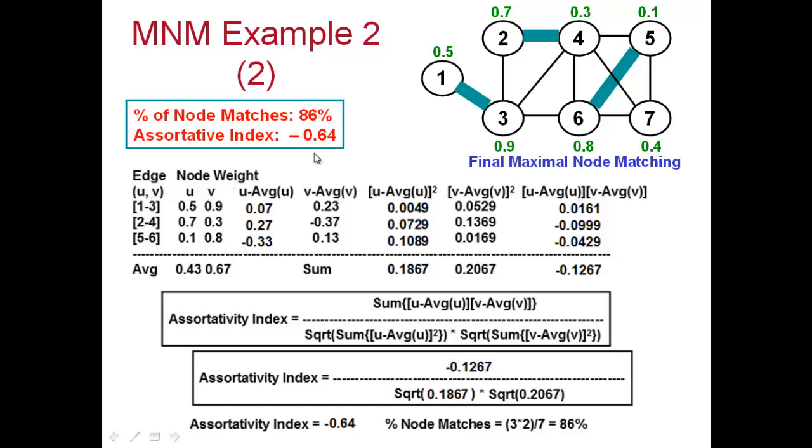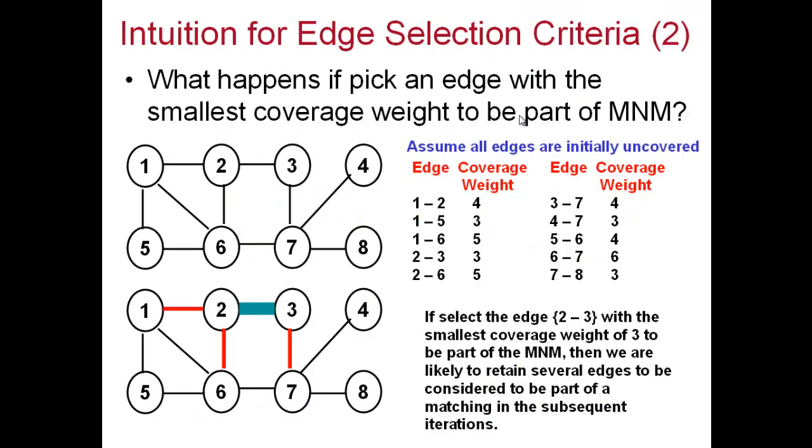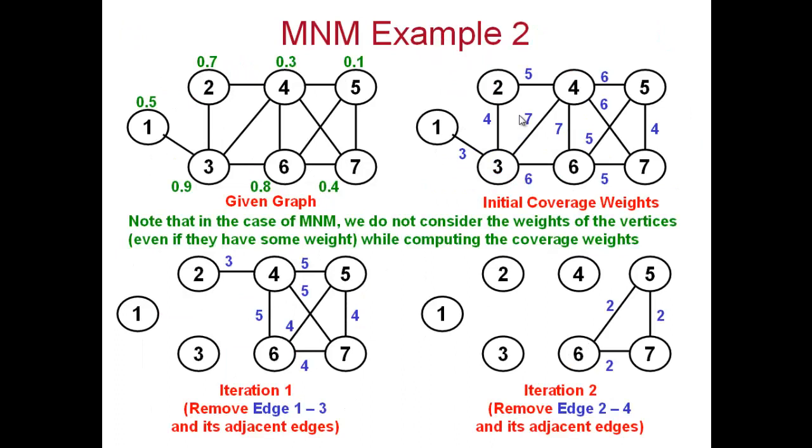So we are going to do the assortativity calculations based on these node weights now. Now you should realize that we did not consider the node weights as part of any edge selection criteria when we went through this algorithm, when we computed the coverage weight and so on. So for the maximal node matching, we are not going to consider the node weights as part of the edge selection criteria.